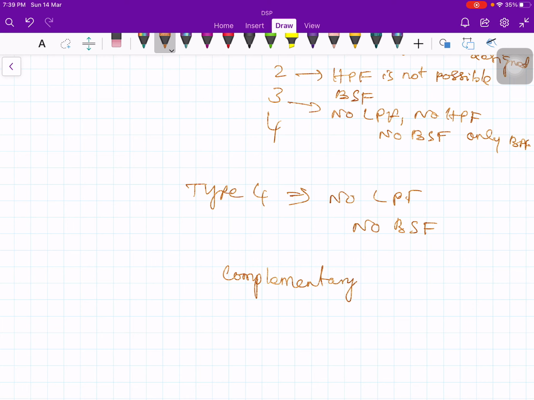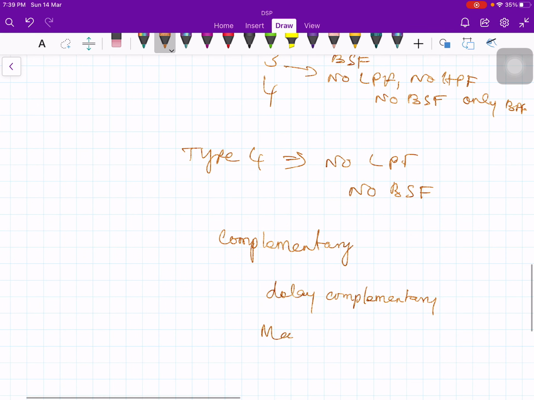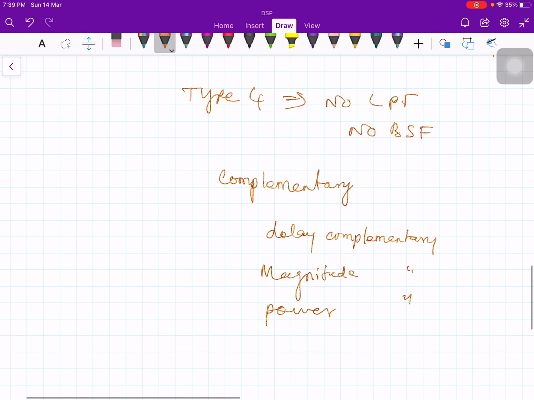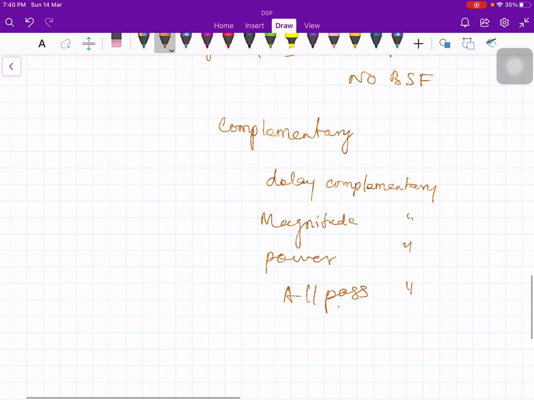It can be delay complementary, magnitude complementary, power complementary, then all pass complementary. There are various types of complementary filters, and we will discuss this in the coming lectures.